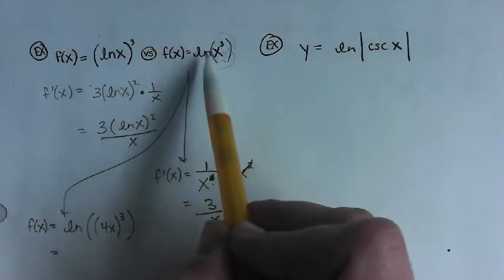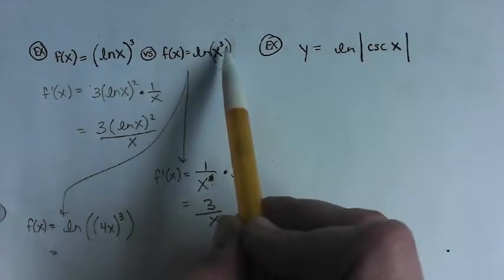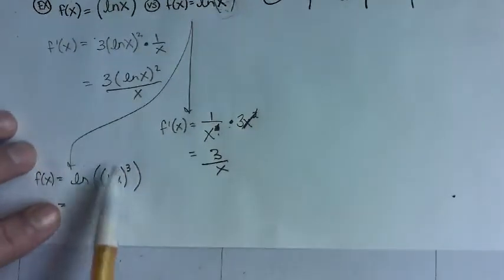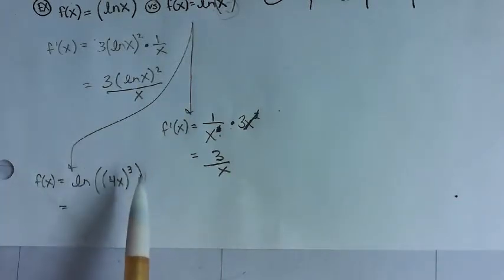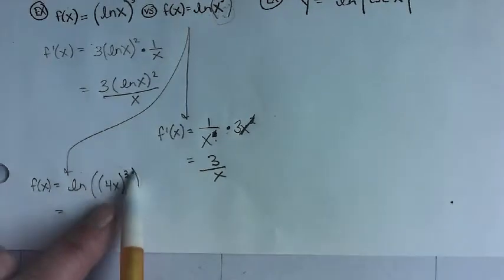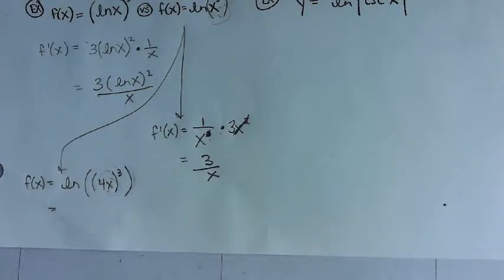So on this one, when you take the derivative of what's inside is just x cubed. So the derivative of that is just 3x squared. Here, the derivative of what's inside would be, there's a function within the function. So it would be bringing the 3 out in front of 4x squared times the derivative of what's inside of that, which would be a 4.